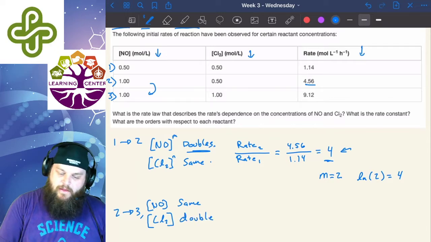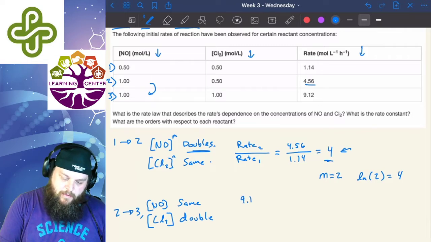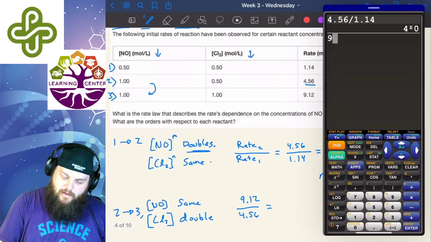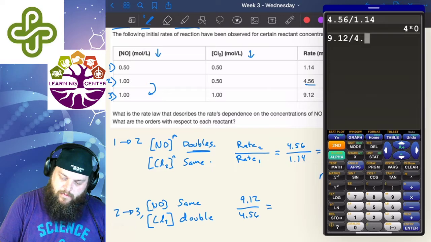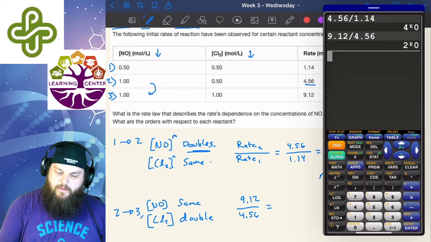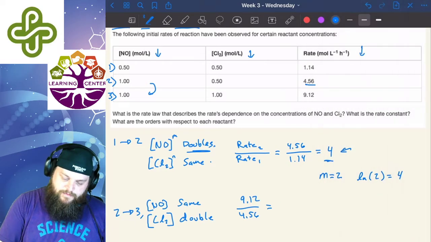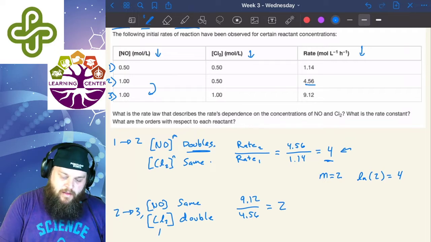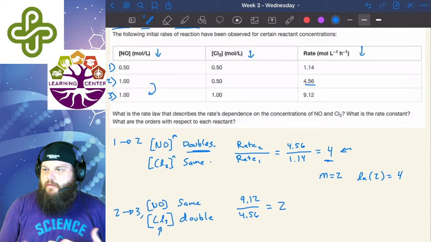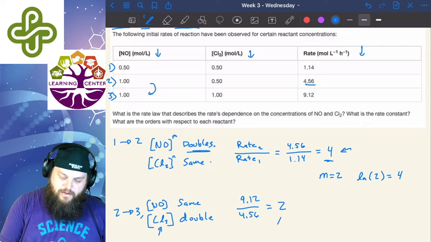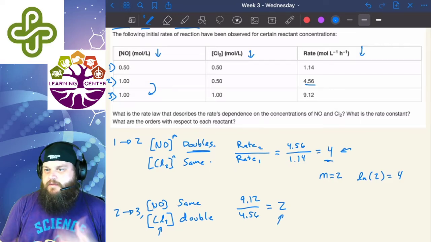So when we look at that, we can see, well, what is the difference in that rate between those? That's going to be 9.12 divided by 4.56, which is equal to 2. So when the concentration of Cl2 doubles, the rate also doubles. That's a 1-to-1 ratio.